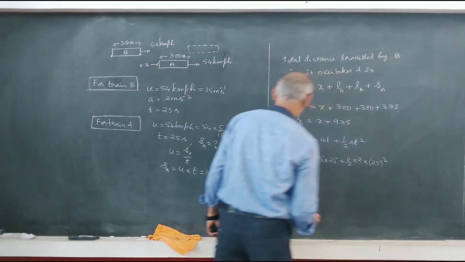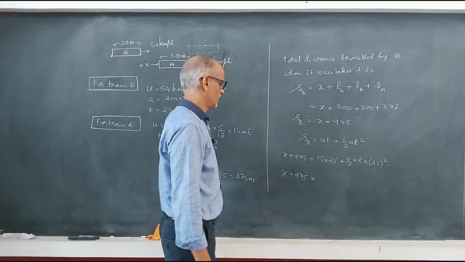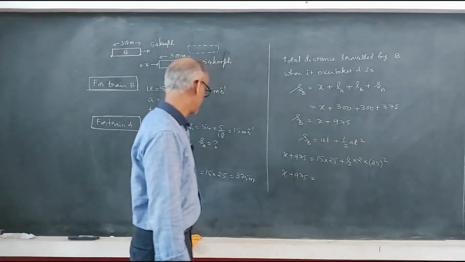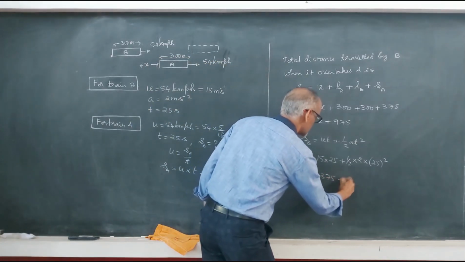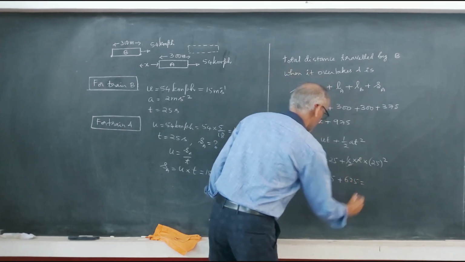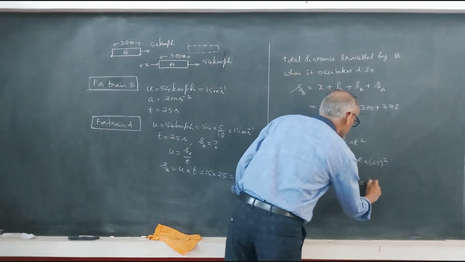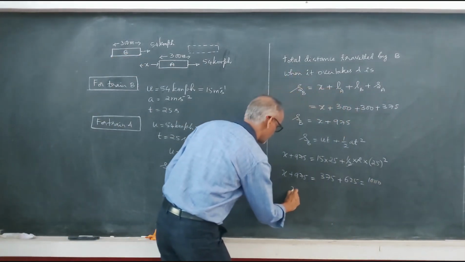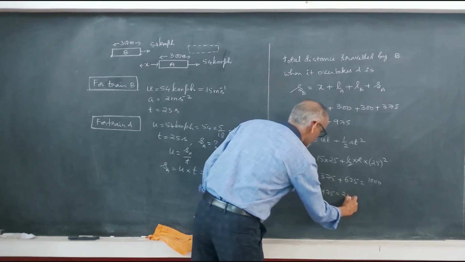So we have X plus 975 is equal to 15 into 25, which is 375, plus this will get cancelled, 25 square is 625. So the total comes out to be 1000 when you add. So therefore x is equal to 1000 minus 975, which is 25 meter.